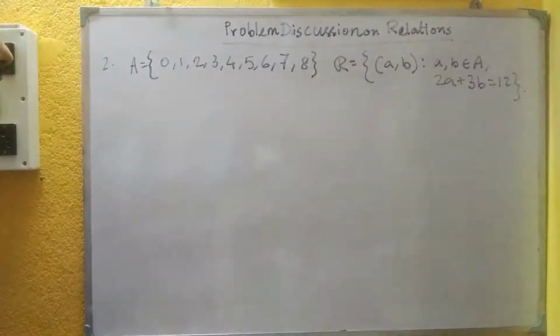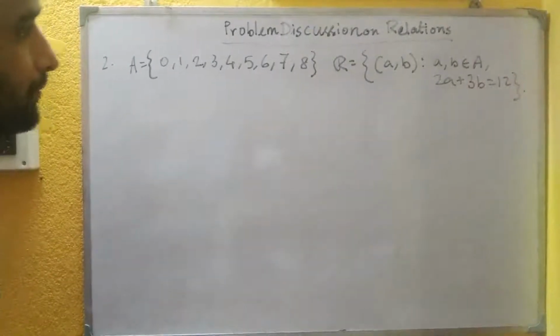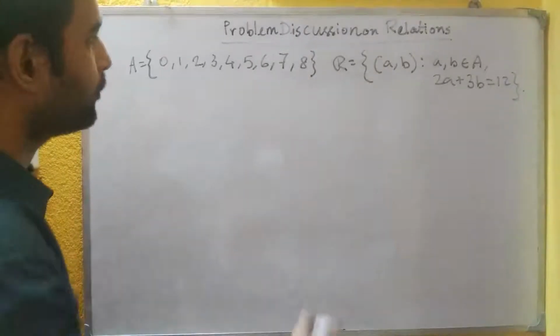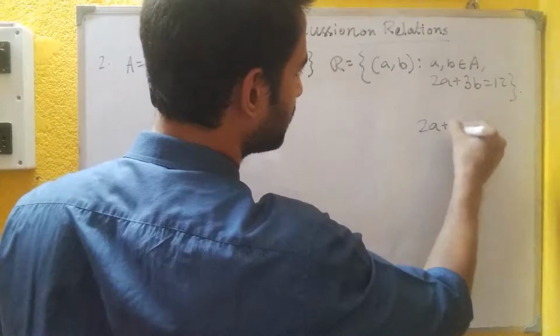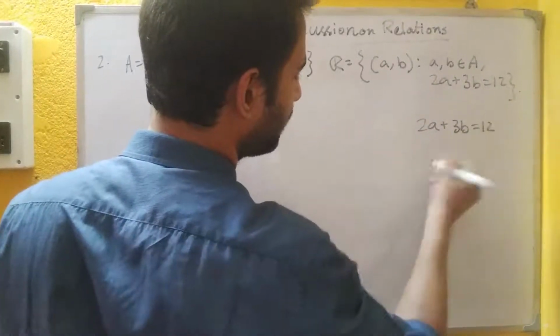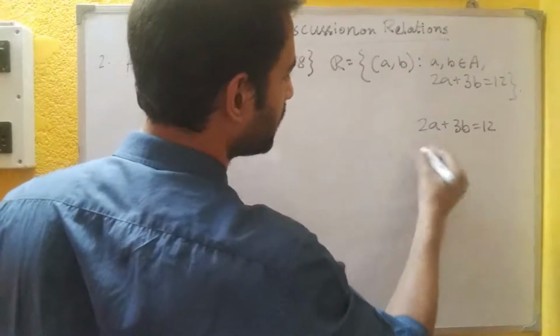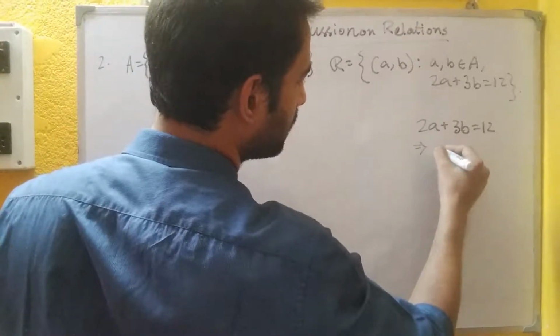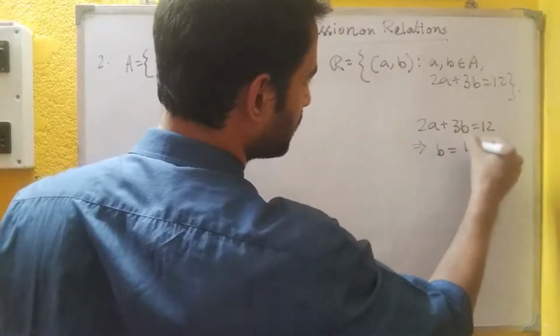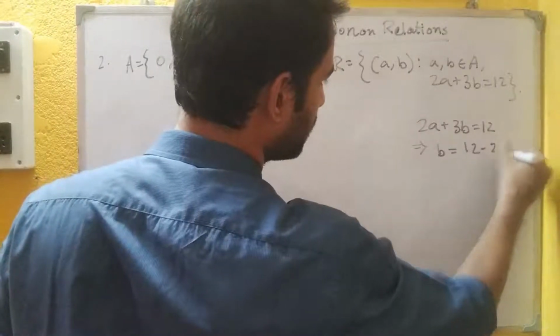Okay, so let us see which elements are there. The easiest way is this: you write the relation and find any one of the values a and b. So if I find b, you will see it is (12 minus 2a) by 3.